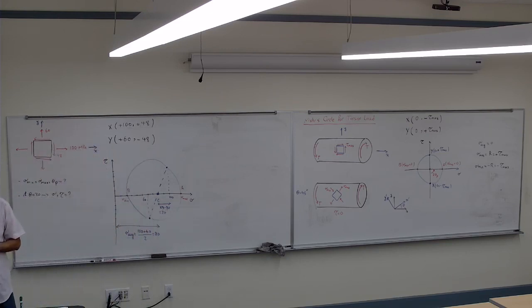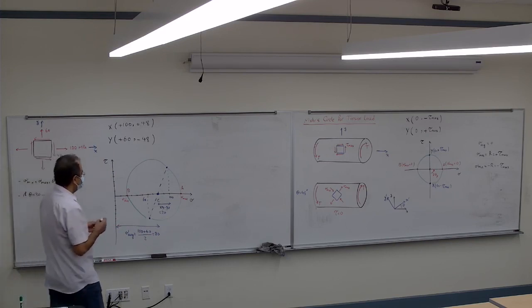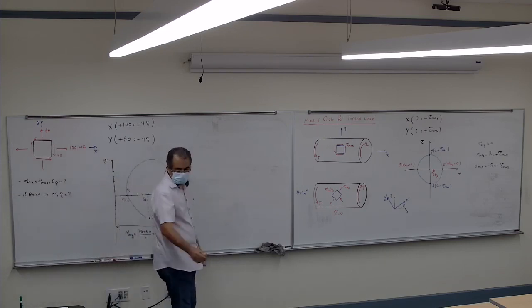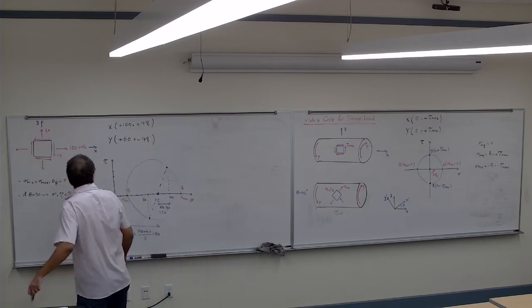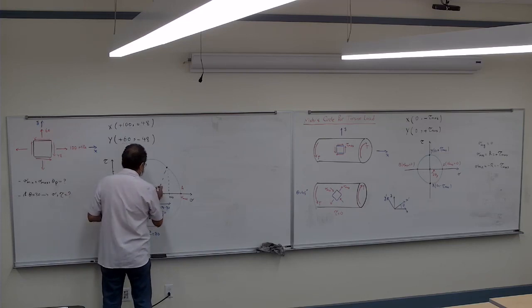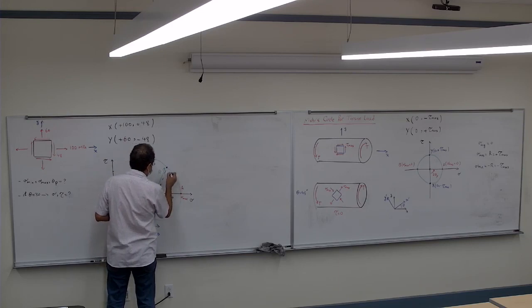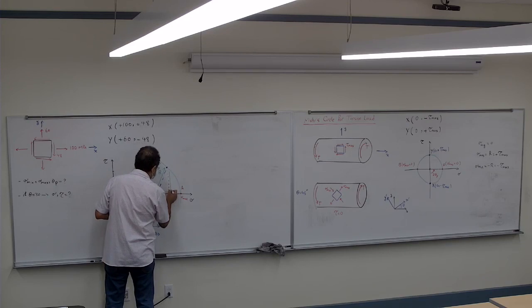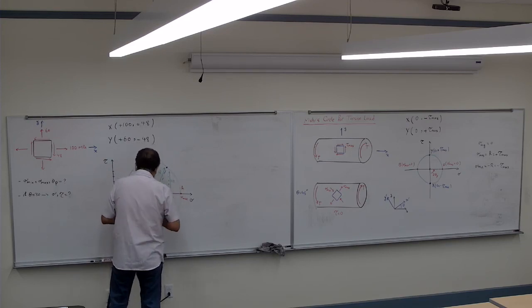So now I want to find the R. If I consider that as an R, so this is the R, and this is 48. So how much is the R?